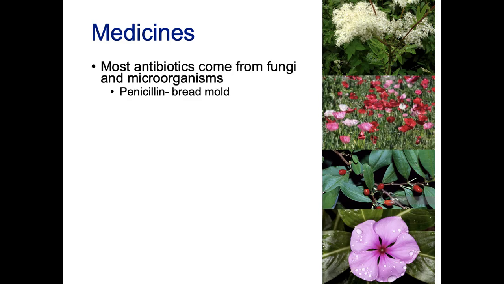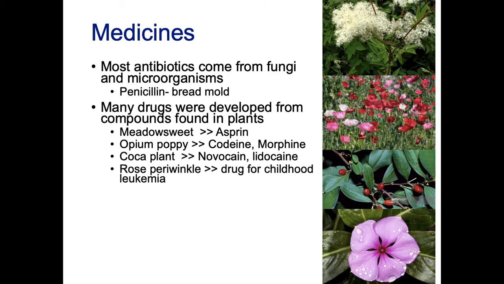So I just wanted to give you some examples of some medicines, and these all come from plants. Most antibiotics come from fungi and microorganisms. So you probably all know that penicillin comes from bread mold. And many drugs were developed from compounds found in plants. So meadowsweet, which is this top plant, is responsible for aspirin.